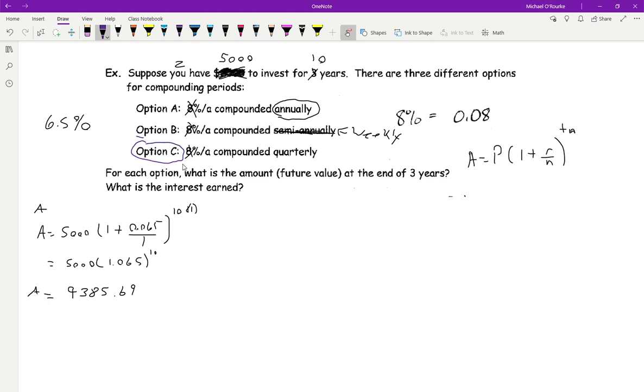Okay, so I'm going to do option C here now. So amount equals 5,000 times 1 plus 0.065. What's going to go under here this time? What's my end value when it's quarterly? No, quarterly is quarterly.